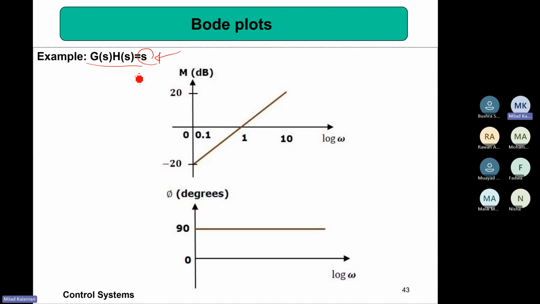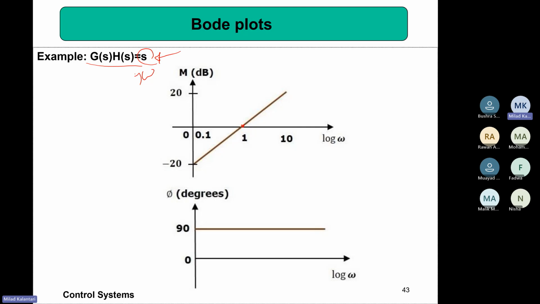If omega is 0, what will happen to the log scale? For the log scale, if we put 0, it becomes infinity. So we are not just starting at 0, maybe slightly more to be able to show it. But if j omega is 1, then it will be 0 dB, right?